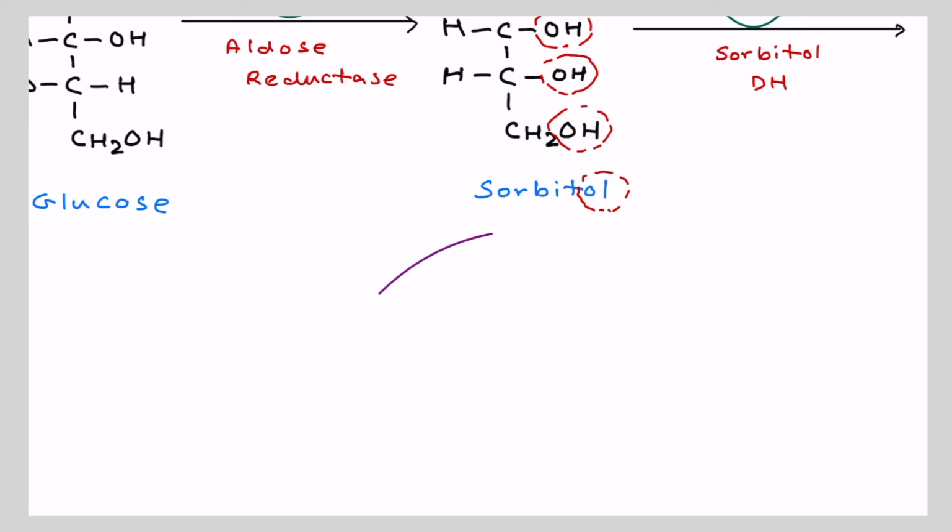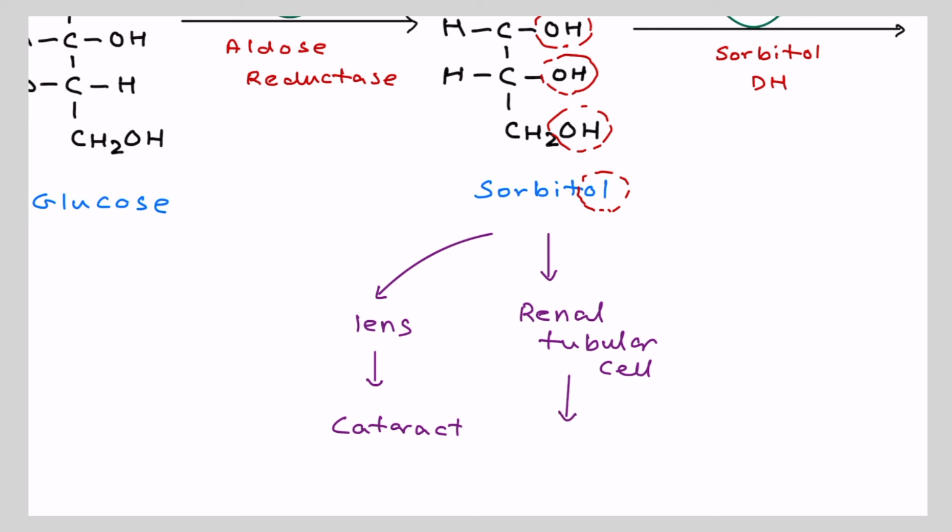It's going to be the lens. In the lens, we end up having cataract. That's why in diabetes, we have a lot of cataract. Other than this, we are going to see this happen in renal tubular cells. And that's why high sugar level is going to give you nephropathy.